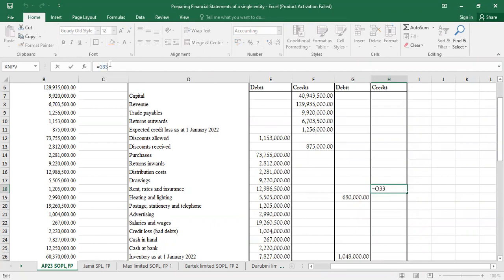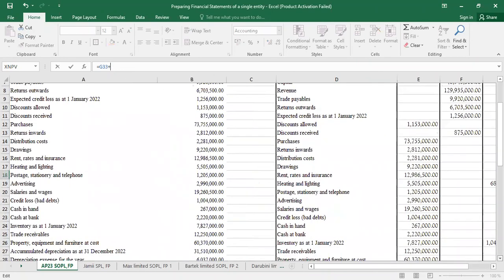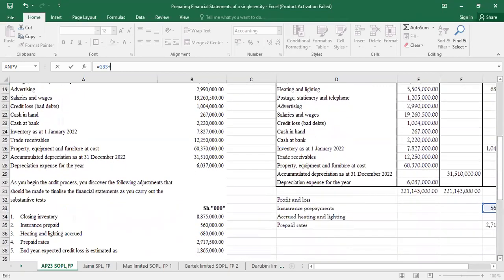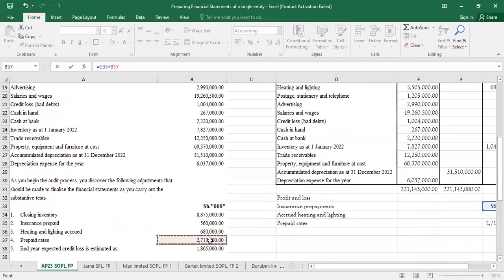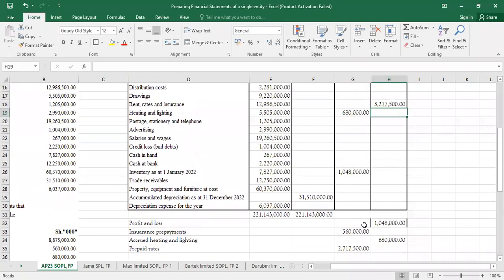So I'll do plus the 27,500, enter. Remember, the double entry of this one I've included it here.